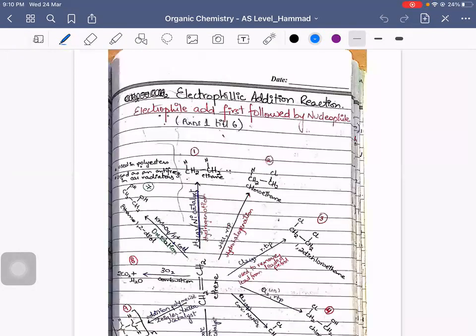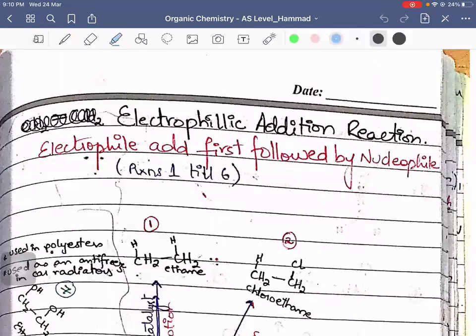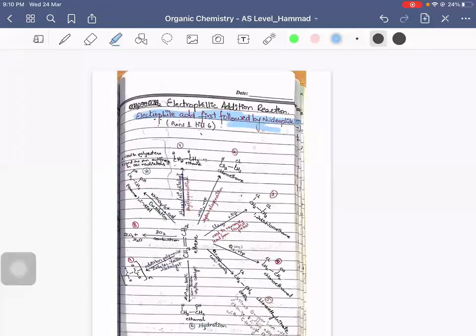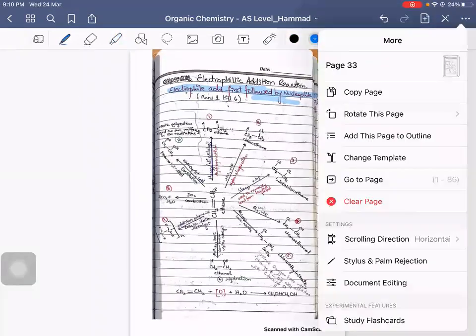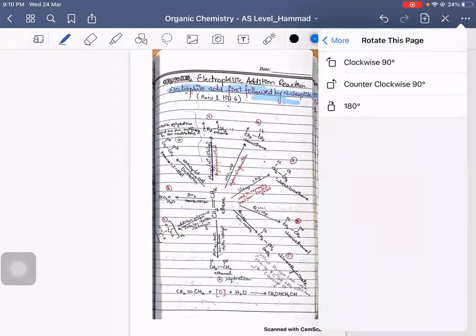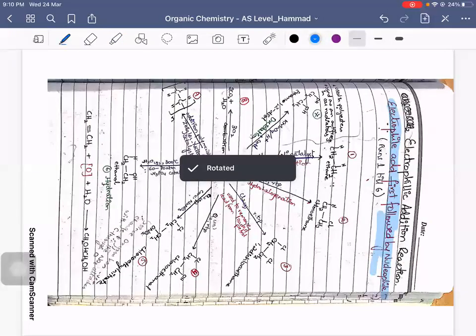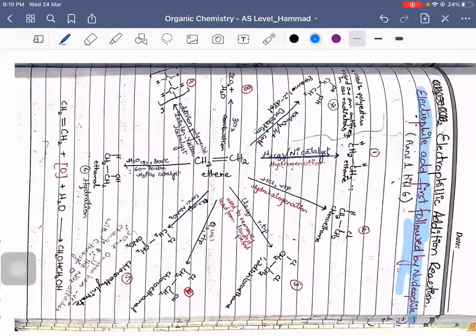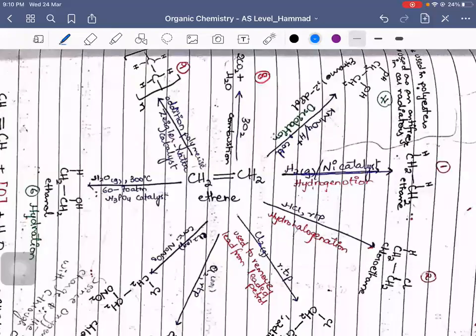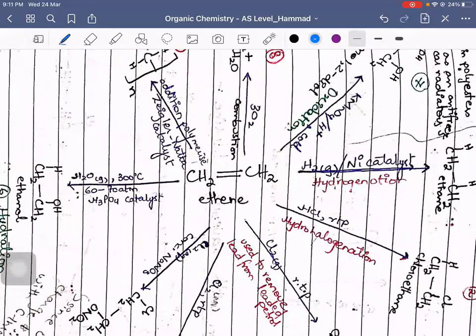Electrophilic addition reactions are basically an electrophile being added, followed by a nucleophile, right? This is a chart that I had made. If you notice, I am taking ethene.